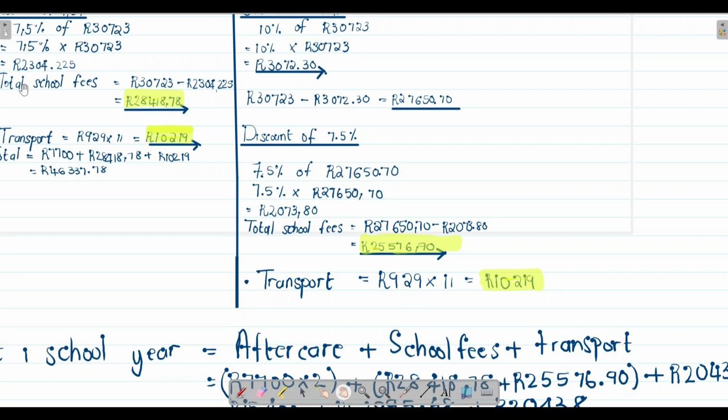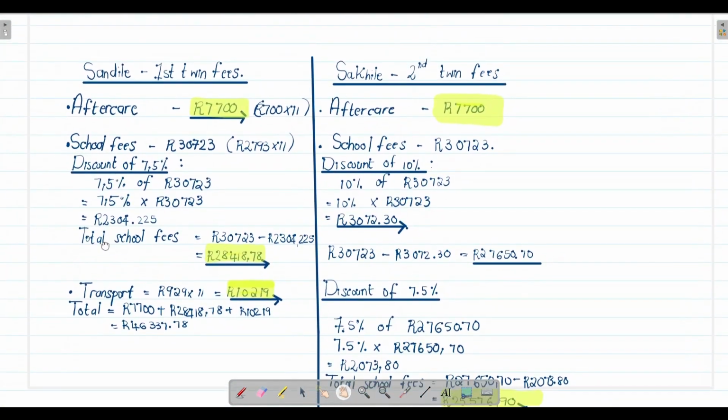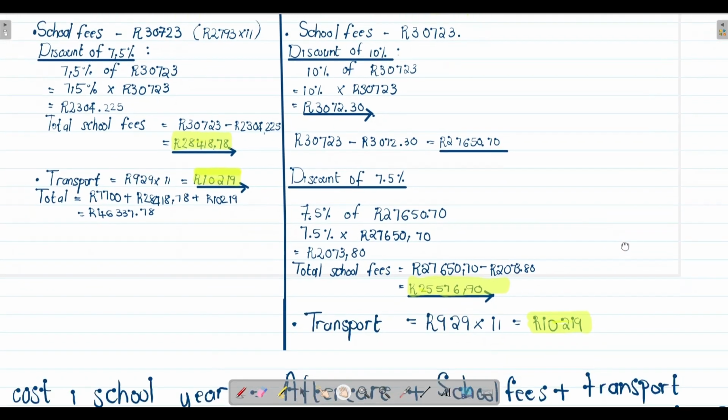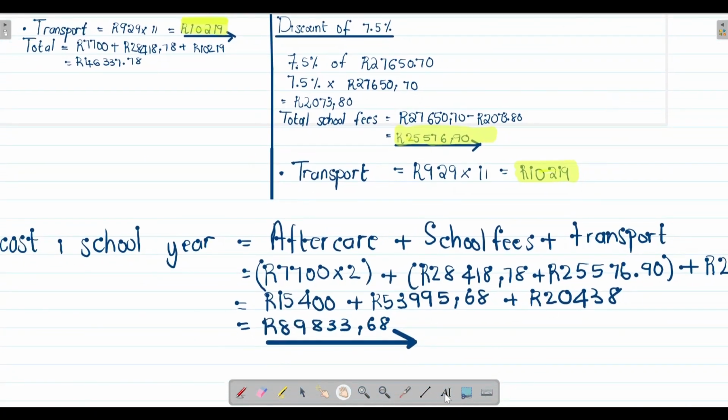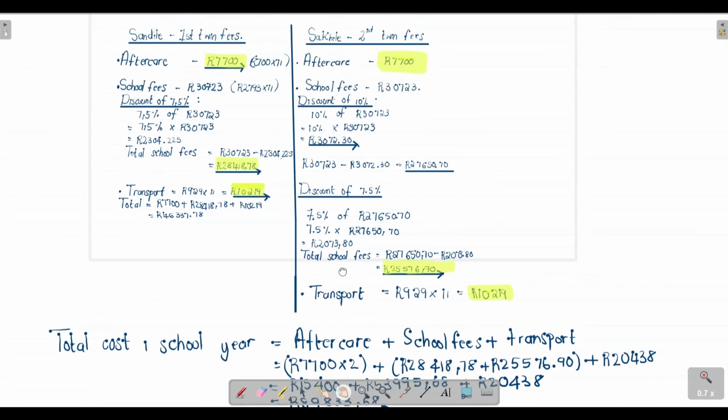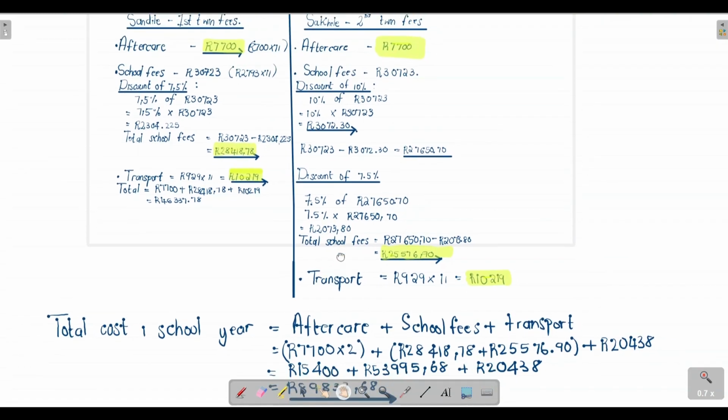I thought it was going to be great for me to show you how the costs are calculated for the first twin, and also show you how the costs are calculated for the second twin, right? And then from there, show you guys how we now basically calculate the total costs by adding up the costs for the first twin and then adding up the costs for the second twin, right?